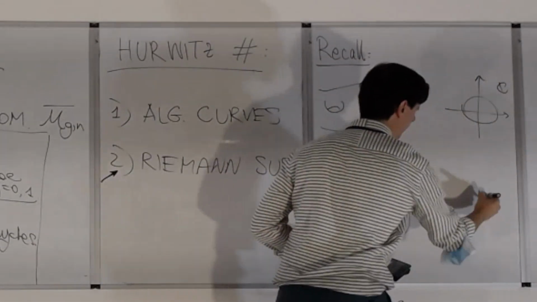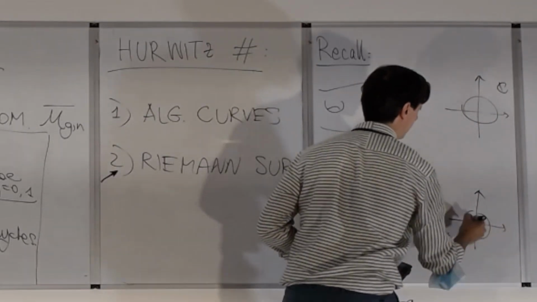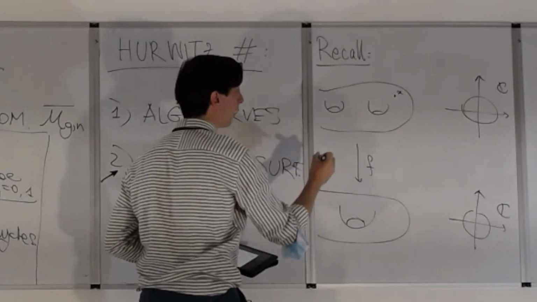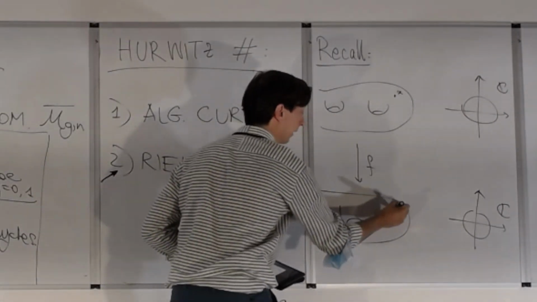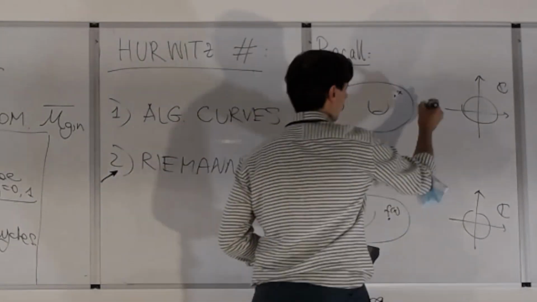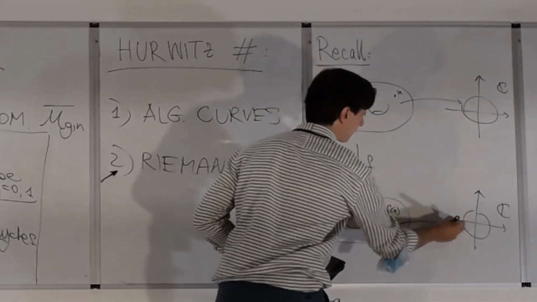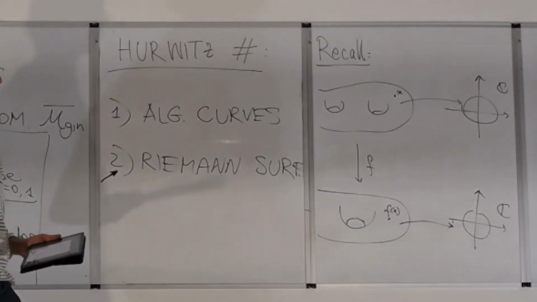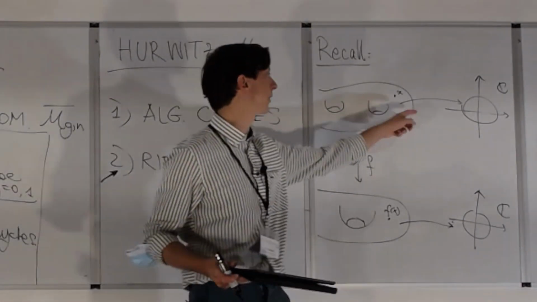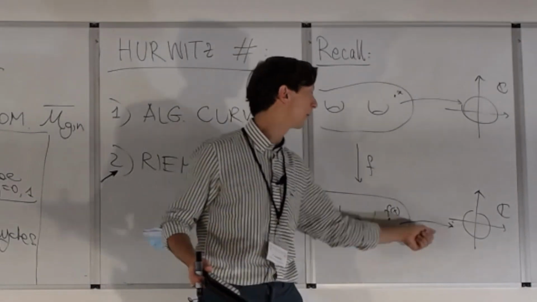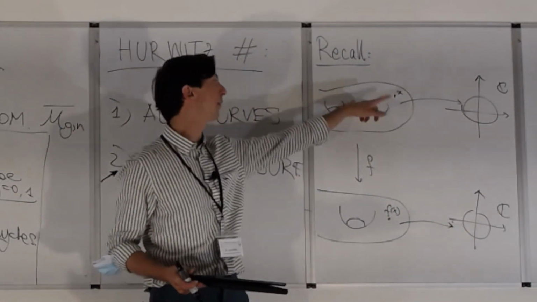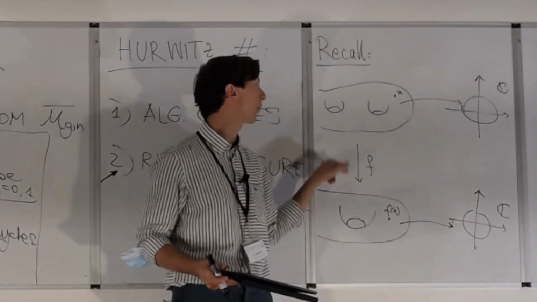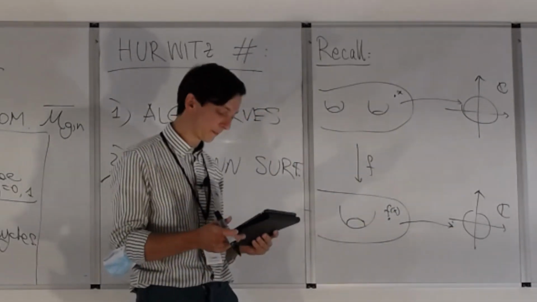You have C here, and you have C here. You take a point x, and you have this map f. So you'll have some point f of x. And then you have your transition maps. And then you declare that the map is holomorphic at the point x whenever you can take the inverse, go down, go here, and this is holomorphic. And then you define the same thing in a neighborhood of every point, and then you say that the map is holomorphic if it's holomorphic near any point.